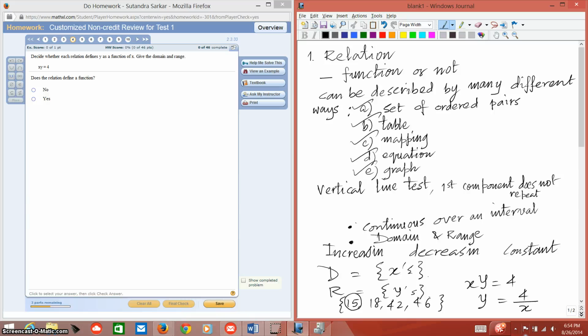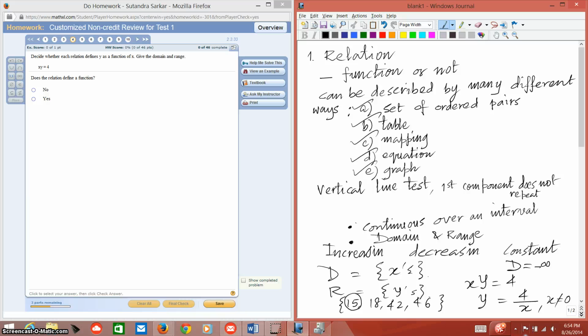And if you substitute different values, you will get a unique value. Of course, x cannot be 0, so that does not hurt anything, except that your domain will be every real number except 0. So if I ask you the question of domain in this particular question, you have to use the notation since you are going to answer the question in the system.